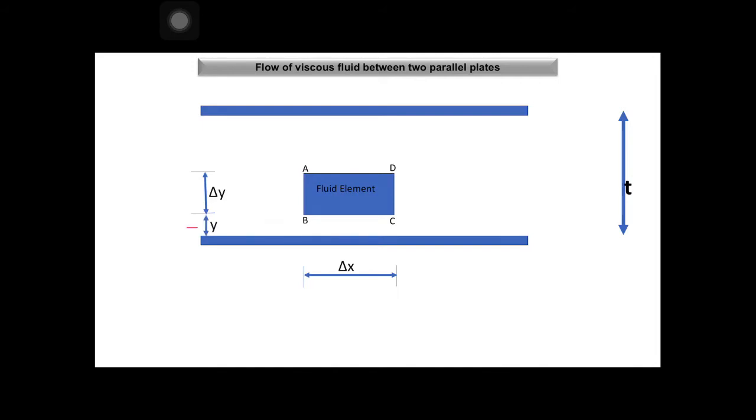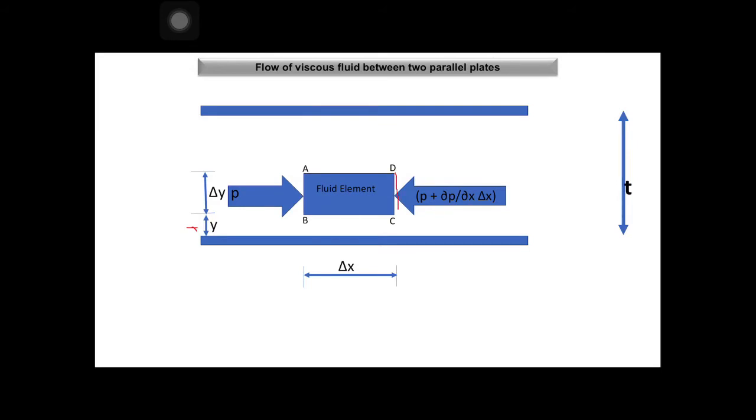Here you can see. Let us assume that on the face AB of this fluid element, the pressure intensity P is acting. Similarly, the pressure intensity of P plus delta P by delta x into delta x is acting on the face DC.